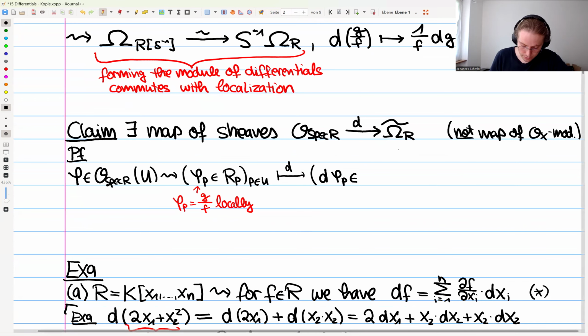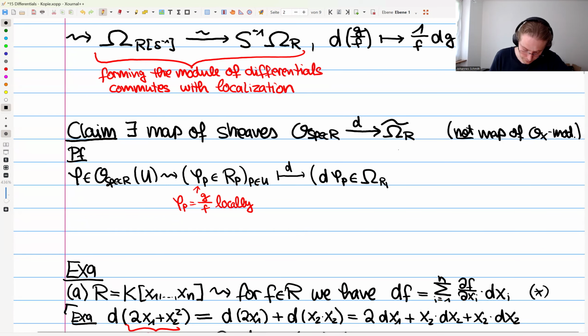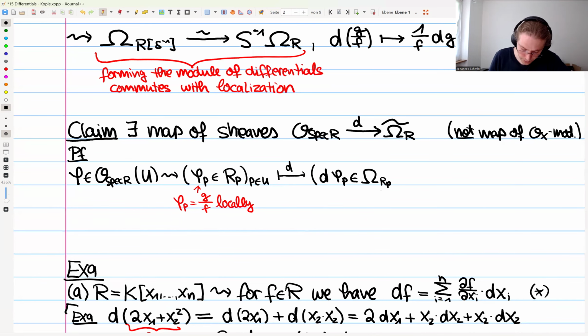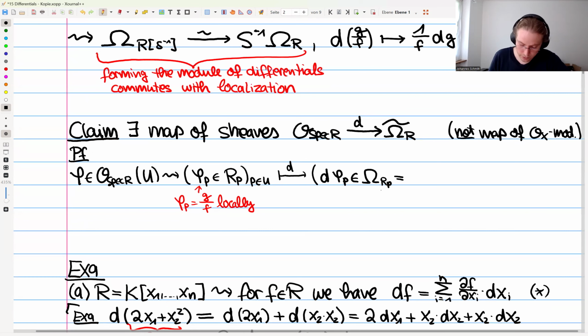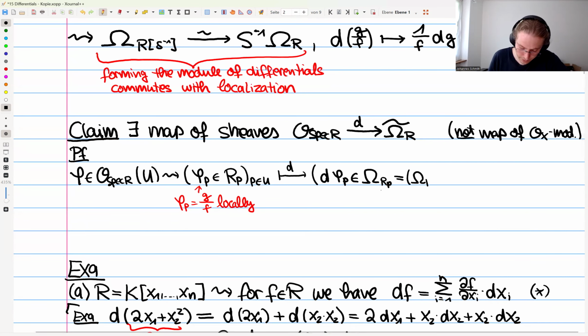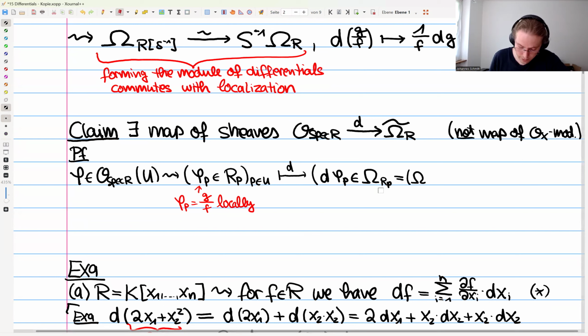A priori, this lives in omega of R_p, right? phi_p is in R_p, and so this d(phi_p) lives in omega R_p. But we have just seen above that this is the same thing as the localization of omega R at p.